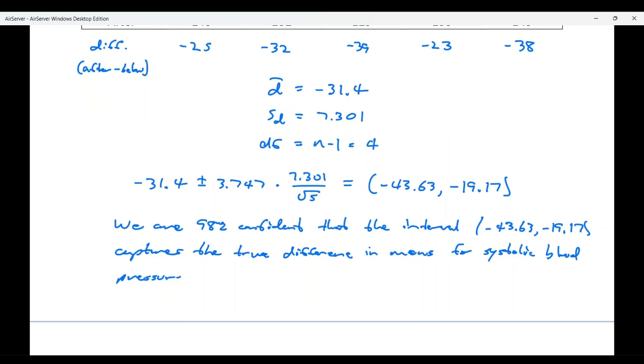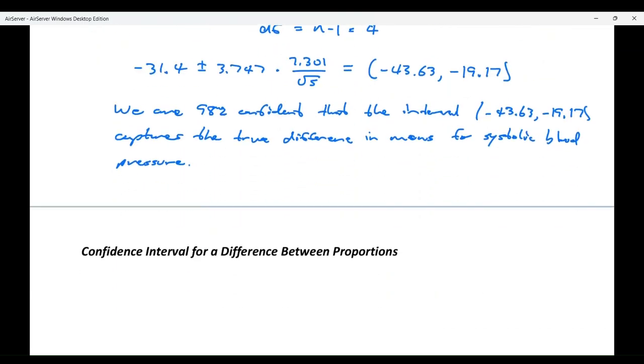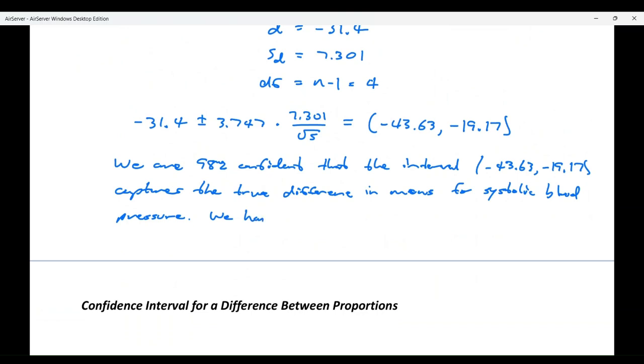And in this case, because it's negative, we do have evidence that the drug basically reduced blood pressure, correct? So we went from a higher to a lower, doing after minus before. Before is larger. We have evidence that before was larger, and therefore that the after is smaller. So we have evidence that blood pressures decreased after using the drug.